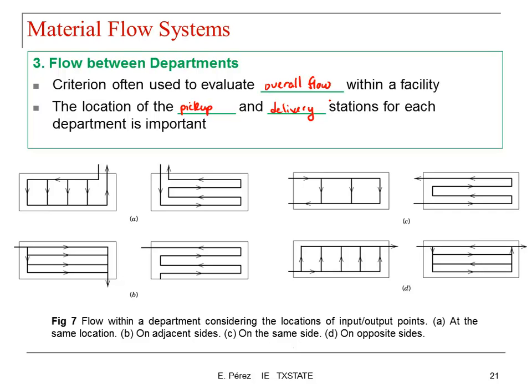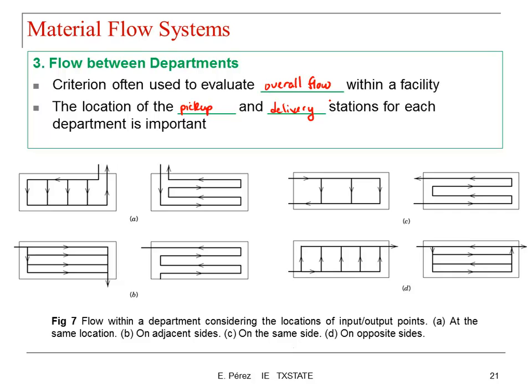So if you're in charge of such a decision, just make sure that you are planning the flow by taking into account where the goods, or the raw materials, are coming from, and where you're going to have your area for sending those goods that are produced.